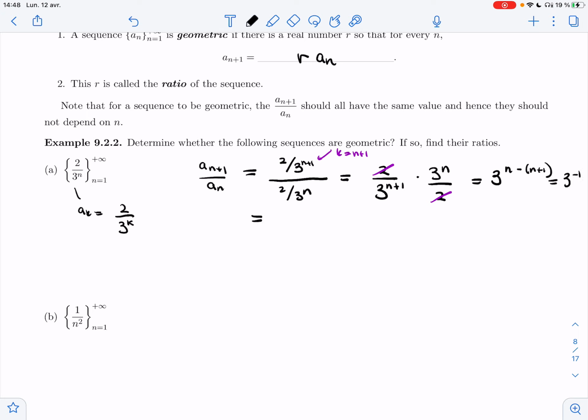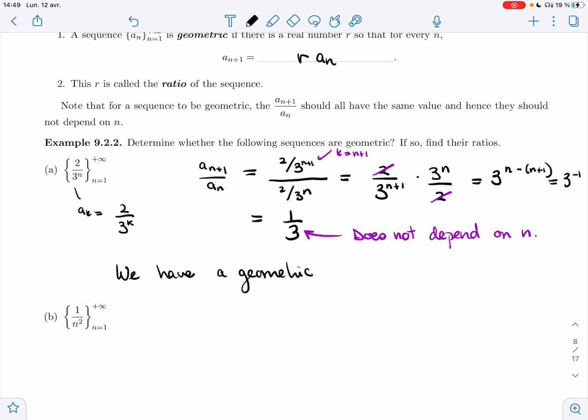And so the ratio is 1/3. As long as what you get doesn't depend on n, it's going to be a geometric sequence, and I have the ratio of 1/3.